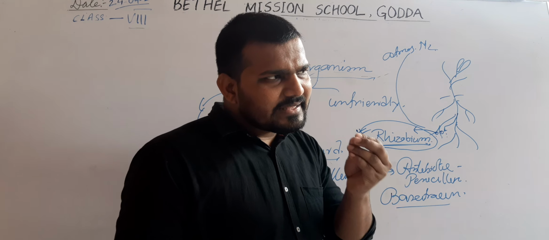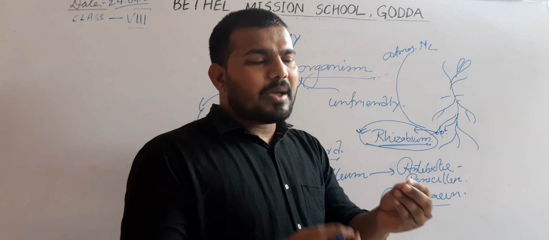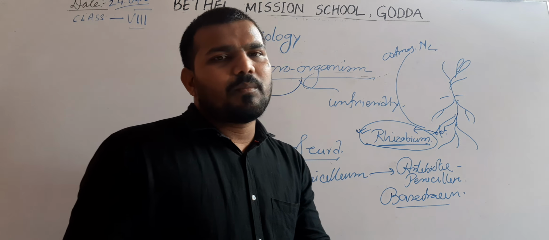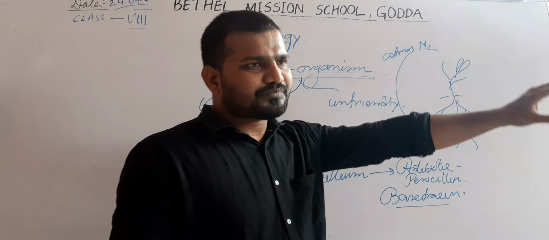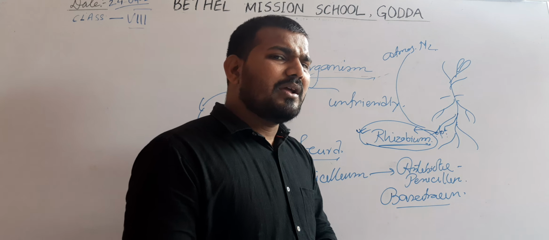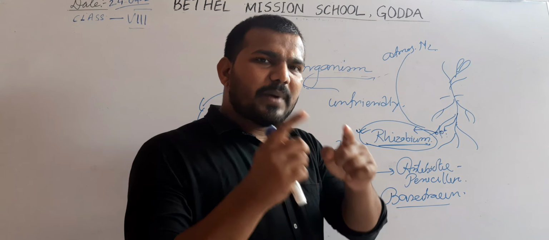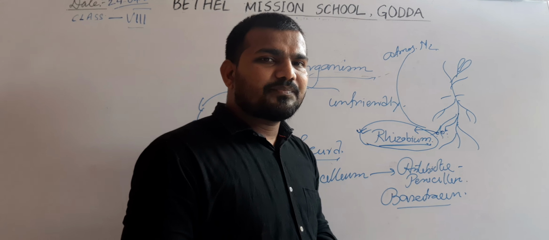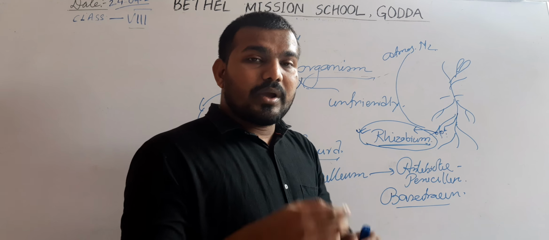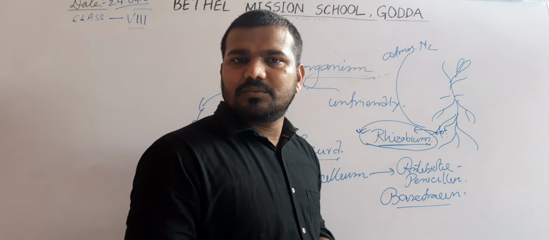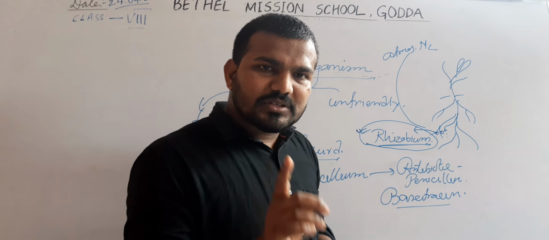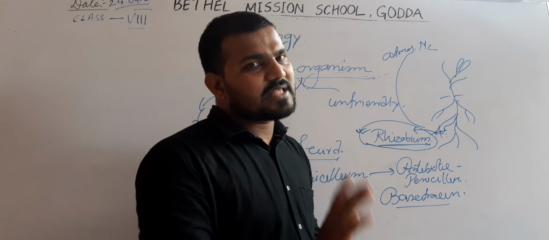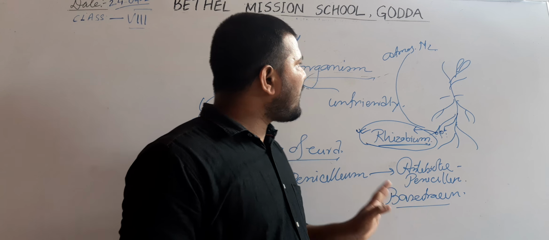After this time, the pathogen will mature, and this mosquito will suck blood from a normal person, and the pathogen will enter the normal person's body. When the pathogen enters the normal person's body, this Plasmodium, the malarial parasite, can cause the disease. So these are the microorganisms.